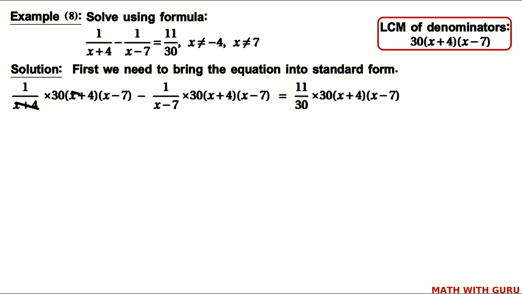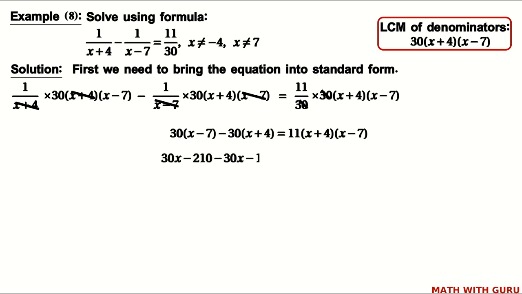x plus 4 and x plus 4 get cancelled. x minus 7 and x minus 7 get cancelled. 30 and 30, they vanish. Now what remains? 30 into x minus 7 minus 30 into x plus 4 equals 11 into x plus 4 into x minus 7.